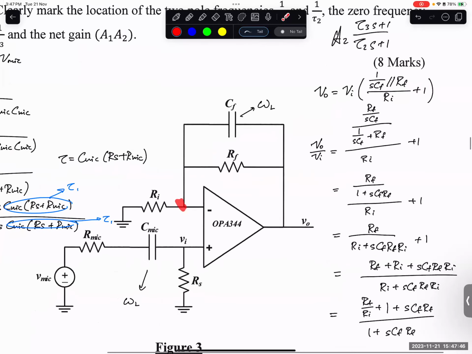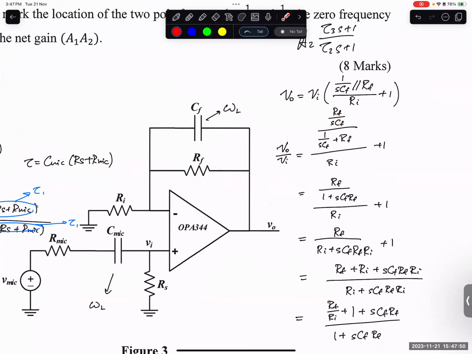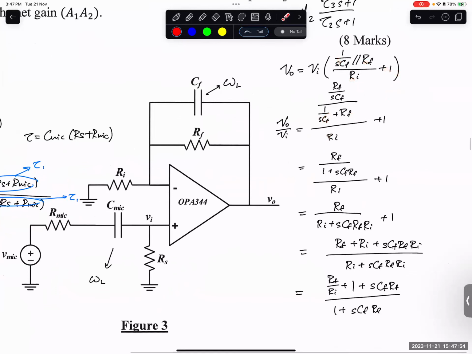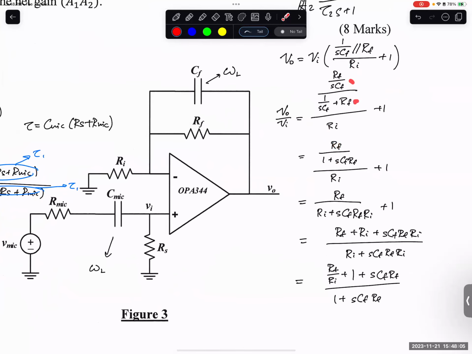And then these two multiply together, we get RF over RCF. Okay. Then these two add together, the bottom divided by RI, and then plus 1. Okay. Then after that, I multiply by SCF, which I get on this one become 1, this one become SCF RF. On top is just RF. Then these two multiply together, then this RI still stay the same.